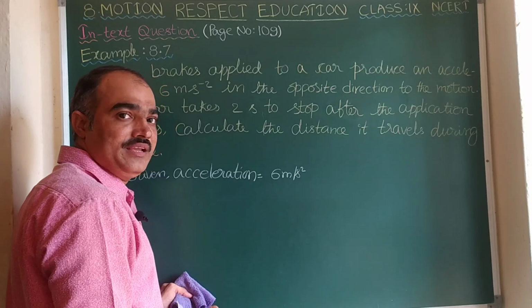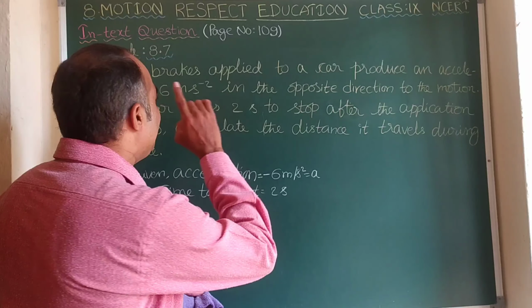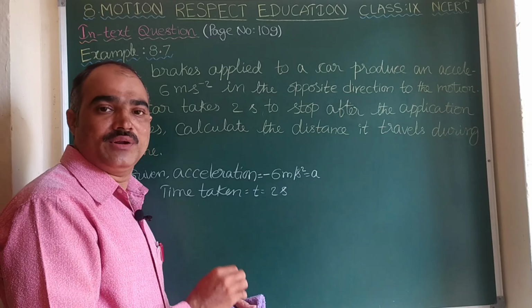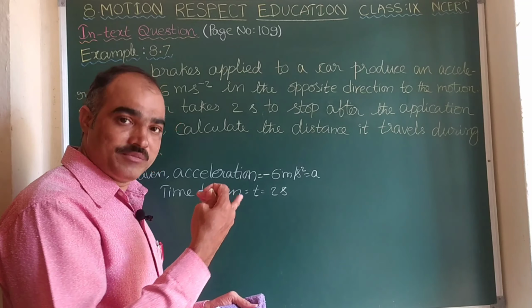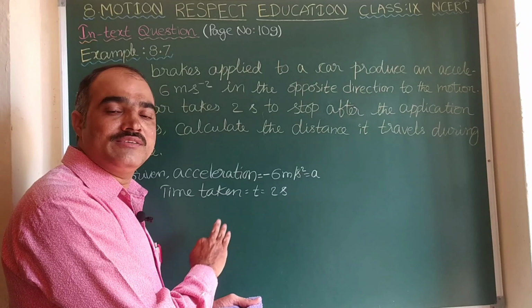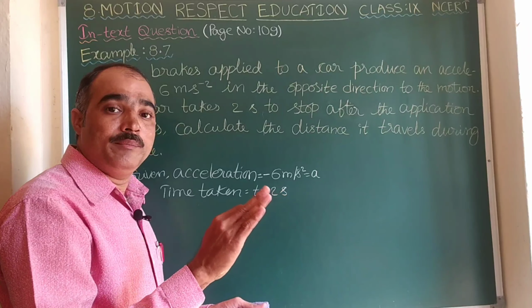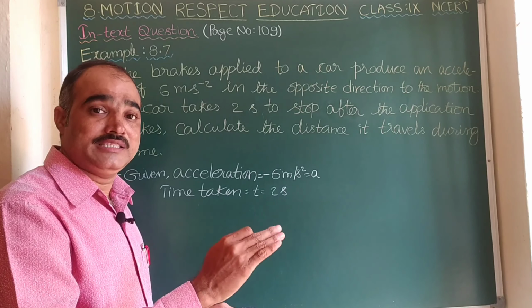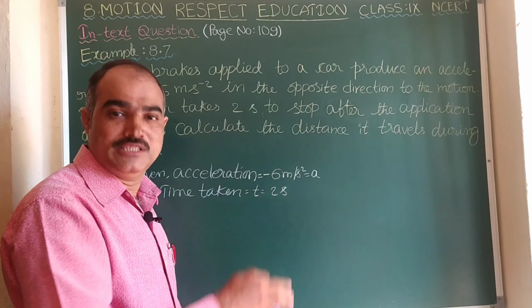Now here we need to think about initial velocity and final velocity. If the car is started from rest or from a stationary position, in that case its initial velocity will be 0. And if the brakes are applied and it comes to rest, in that case the final velocity will be 0.